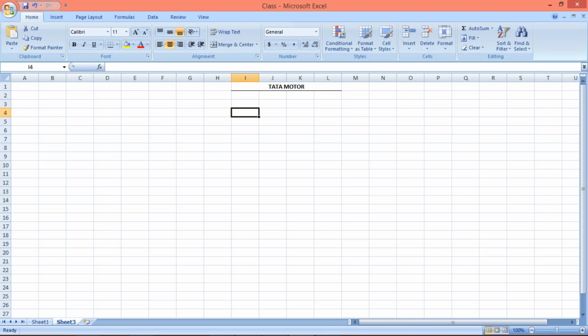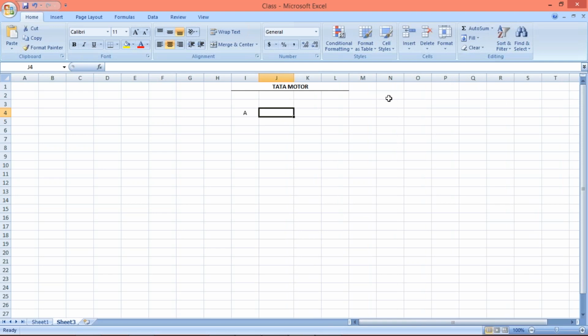So there will be certain employees, let's suppose there is an employee, A. This A has received an invoice on which date? He received an invoice on, let's suppose, 22nd, 2019.